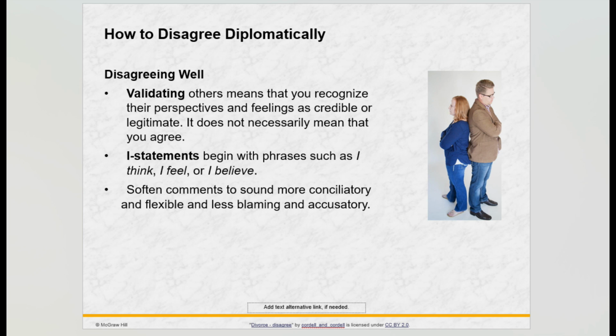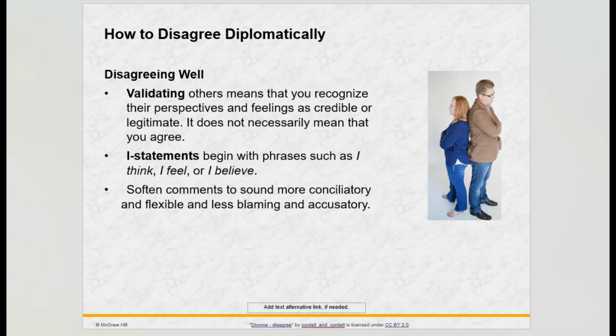So the diplomatic disagreeing that I mentioned earlier, disagreeing well, comes with validation, recognizing that you have heard your peer and their perspective, and you add that their feelings are credible and legitimate. You don't have to agree with them, but you're just acknowledging that you have heard them and that you have an understanding of what they are sharing with you.